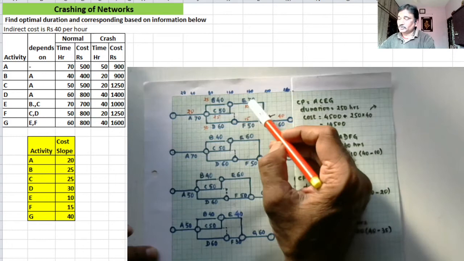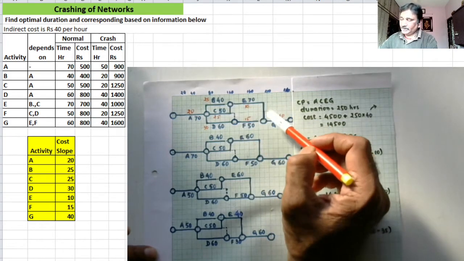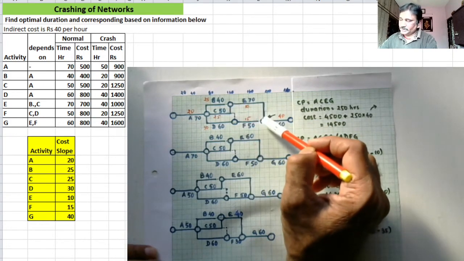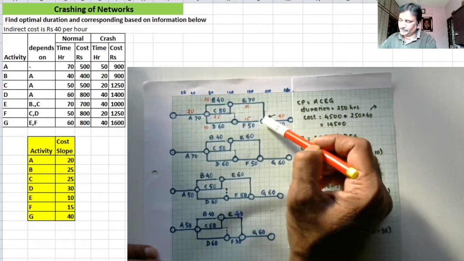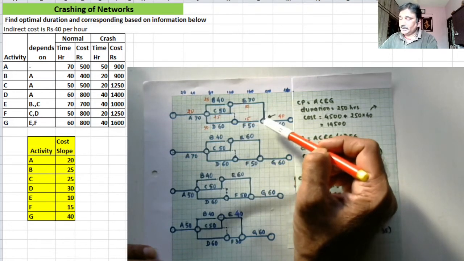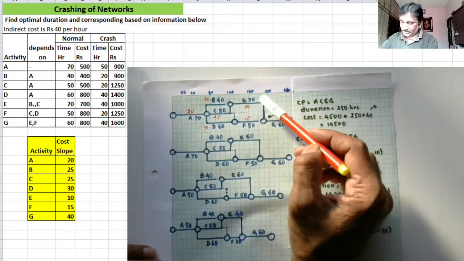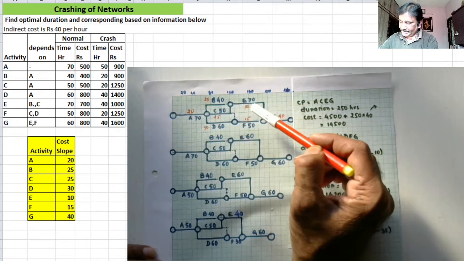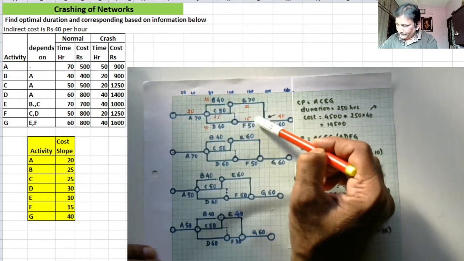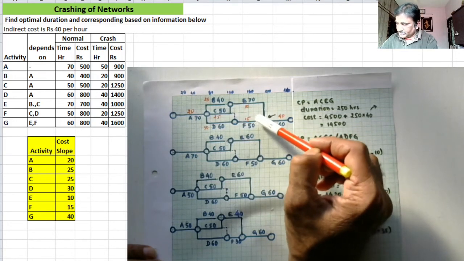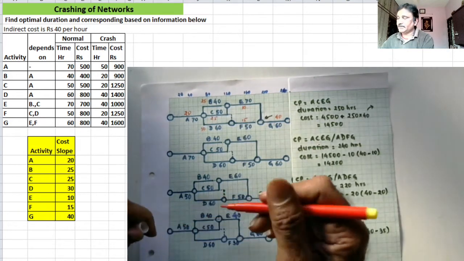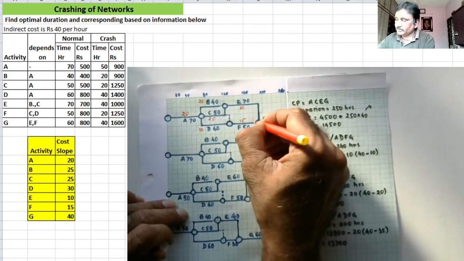Now that I have to crash activity E, it is just like assuming that I'll be pushing at this point. Now the question is, to what extent should I push this? There is a resistance of 10 here, and here there is a gap of 10. There is a slack of 10 here, which is not marked, but there is a slack of 10.